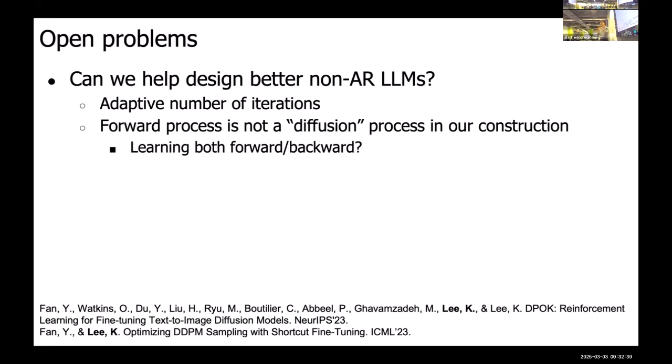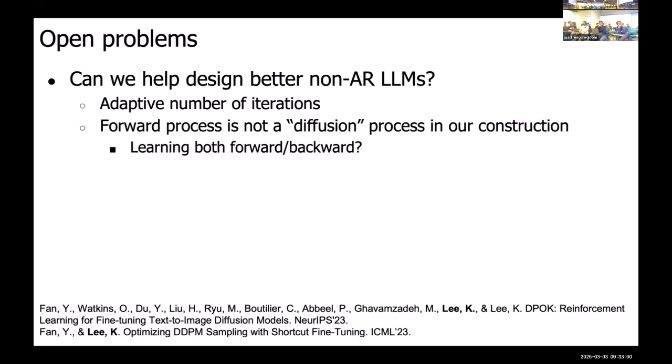The only thing we share with diffusion language models is the iterative revision of the full output over and over, but none of the forward-backward process is diffusion. So in some sense, we probably want to learn both backward and forward processes if we really want to make it powerful.